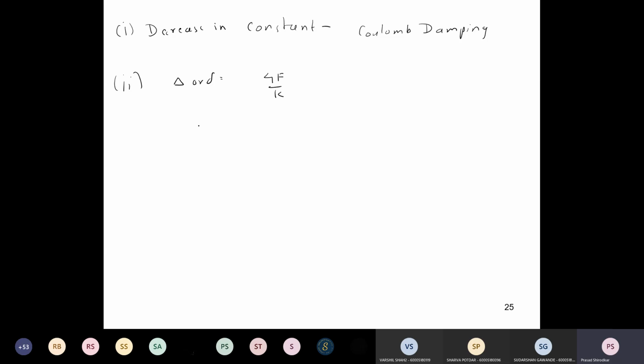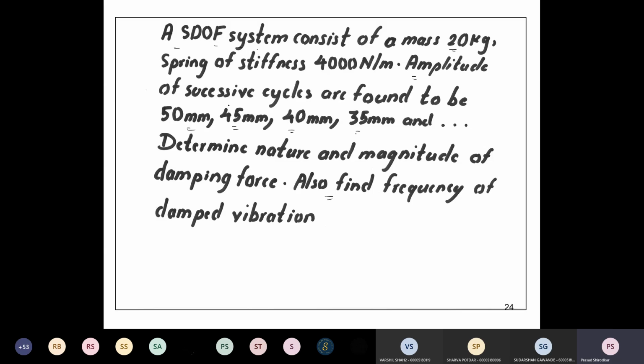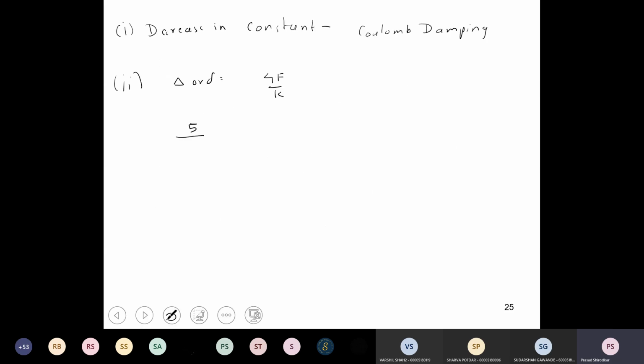So delta is how much? Delta is 5 mm. If you see the data, 50 minus 45 is 5, 45 minus 40 is 5, 40 minus 35 is 5, so it is constant, 5. It is in mm, so convert this into meters. So 5 divided by 1000 is equal to 4 into F divided by K, that is 4000.